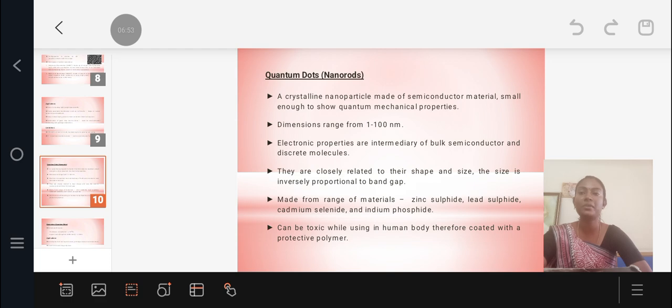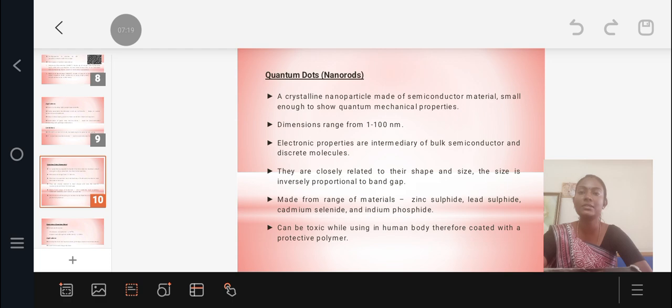Next, quantum dots, also called nanorods. Crystalline nanoparticles made of semiconductor material, small enough to show quantum mechanical properties. Dimensional range is from 1 to 100 nanometers. Electronic properties are intermediate between bulk semiconductors and discrete molecules.